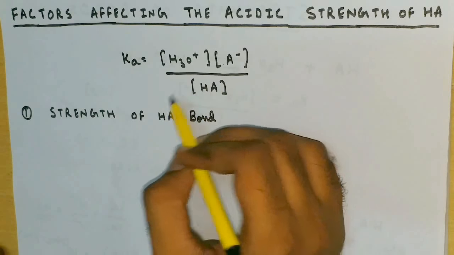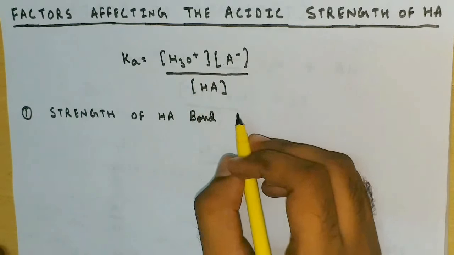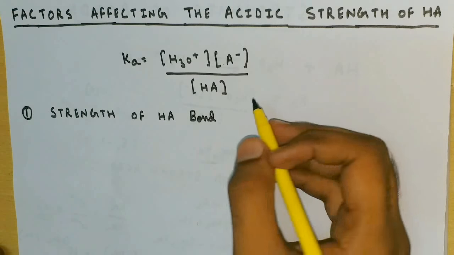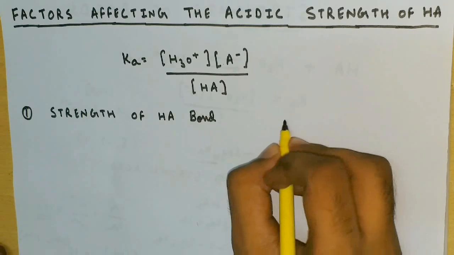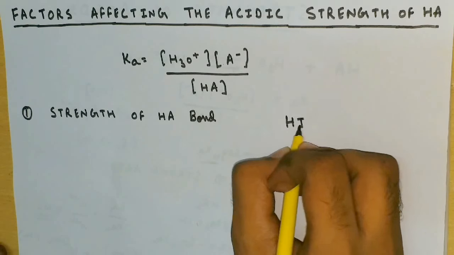For example, let's consider hydroiodic acid. The size difference between hydrogen and iodine atoms is very high. Let me show you.